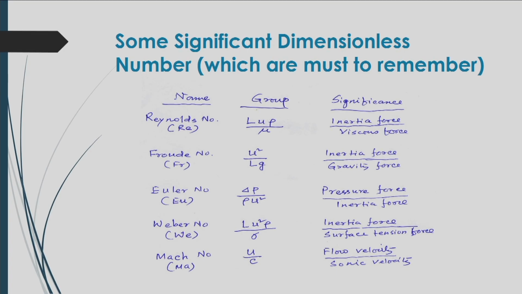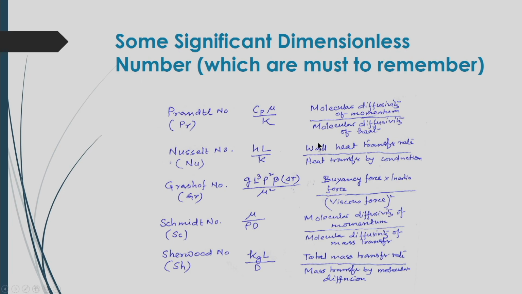For flow, generally the Reynolds number, Froude number, Euler number, Weber number, and Mach number are related to processes where flow is involved, or any fluid mechanics related process. Whereas for heat transfer operations, the Prandtl number, Nusselt number, and Grashof number are dimensionless groups.